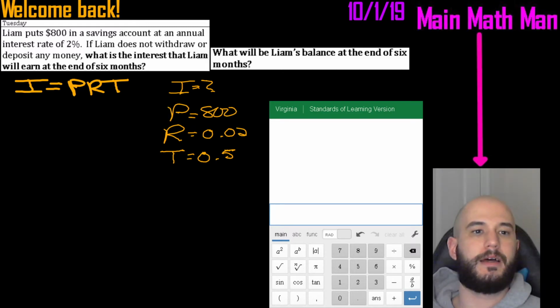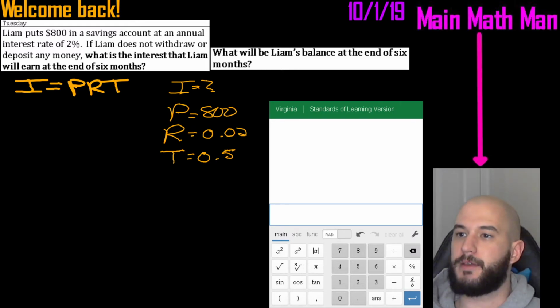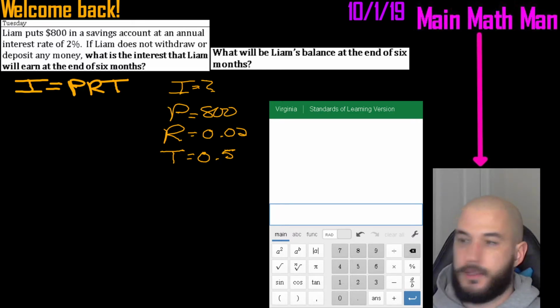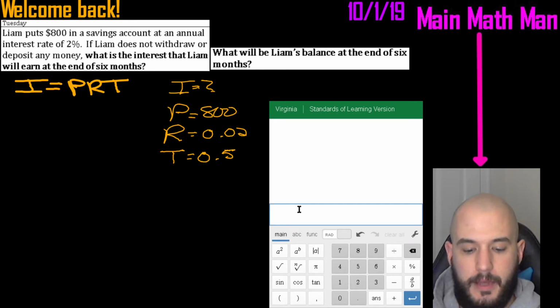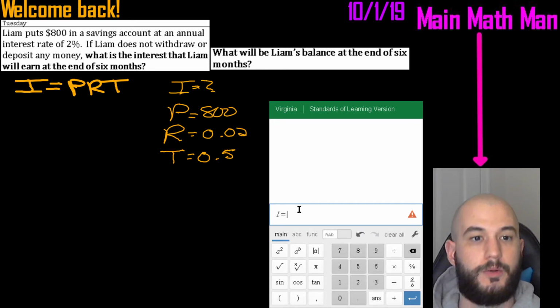I have my values, so I can type in here: I equals PRT, and I hit enter.